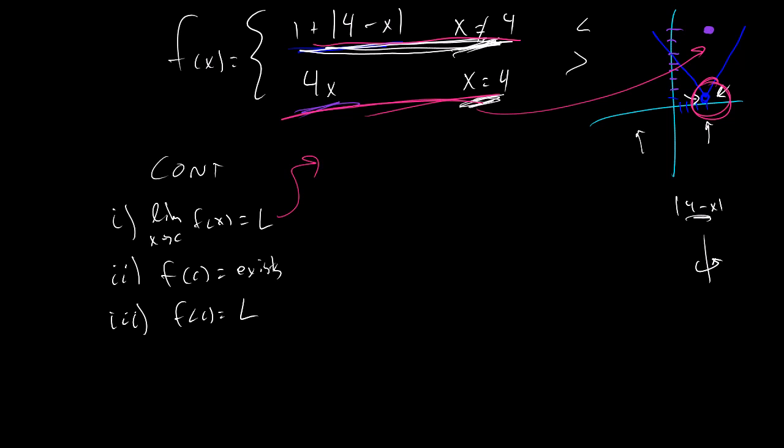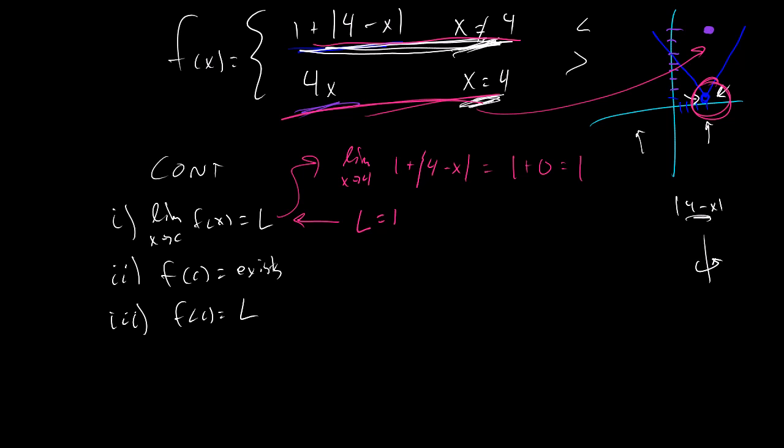Right hand side and left hand side all deal with the top function. The limit as x approaches 4 of 1 plus the absolute value of 4 minus x is, first thing we always try, plug in. I get 1 plus 0, which is 1. So I know that L, my limit value, is equal to 1.